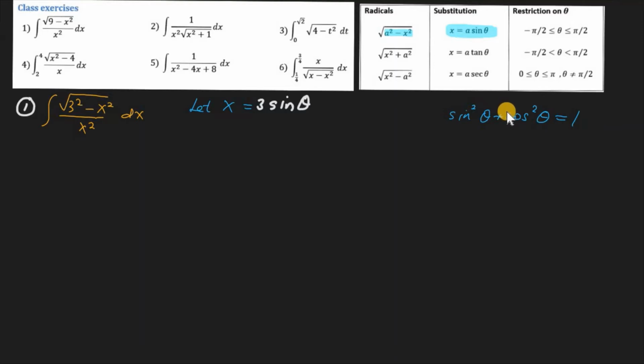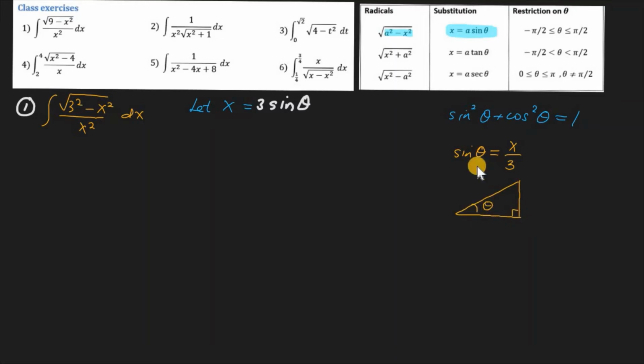Alright, so after you have got the answer, replace everything back into your x. You have to come back from there. Sine theta is x on 3. And to get maybe later on for the cosine value, you need to refer back to your definitions of a triangle.